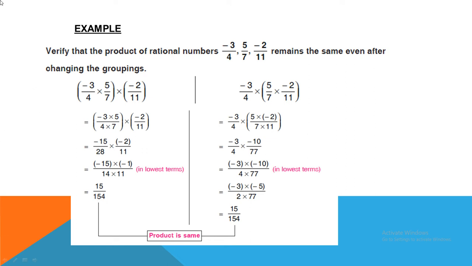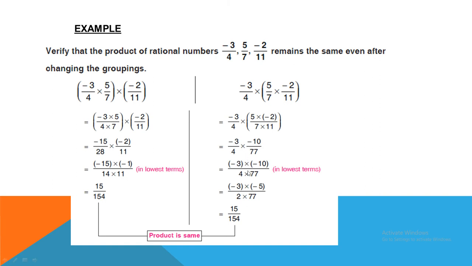Okay, and on the right hand side you have to multiply this bracket part first. Again we see that we cannot cancel any number, so multiply numerators together, denominators together to get this number. Now again I have to multiply this product with minus 3 by 4.